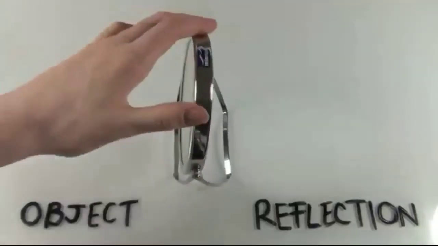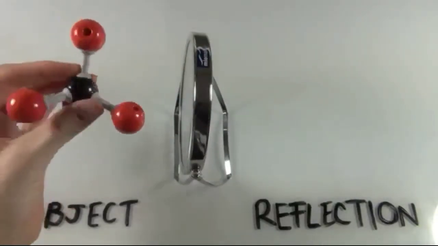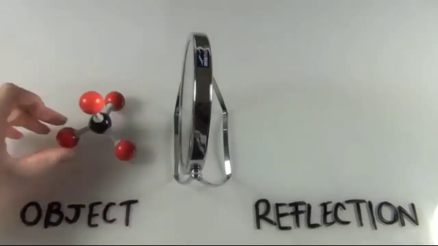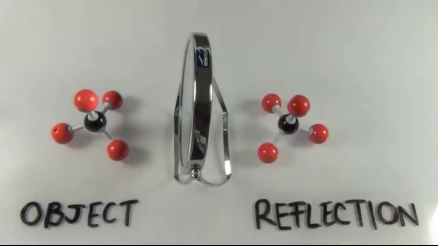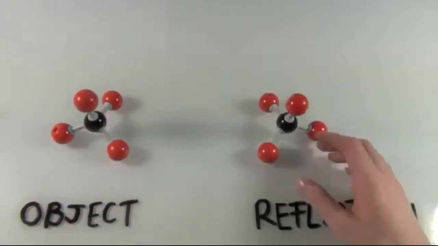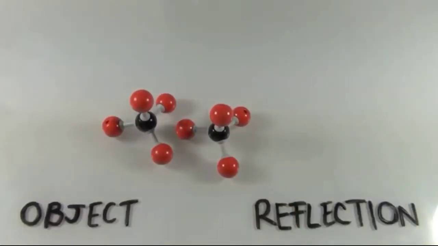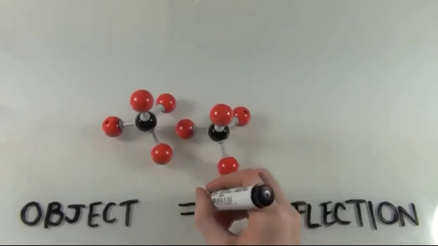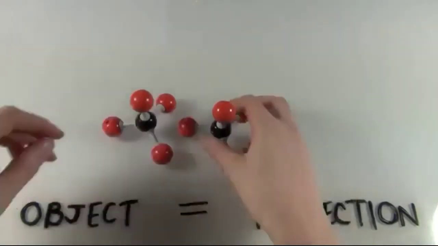And the next is a molecule structure. As you can see, the two molecule structures are identical. They are equal in their reflection.